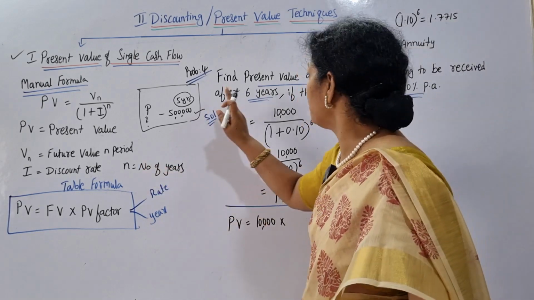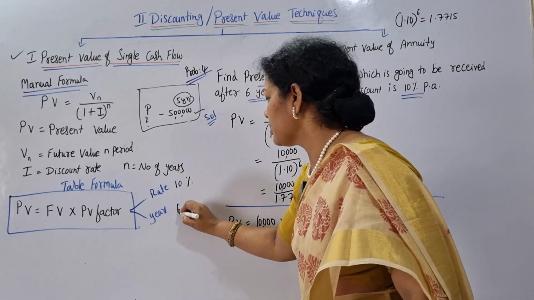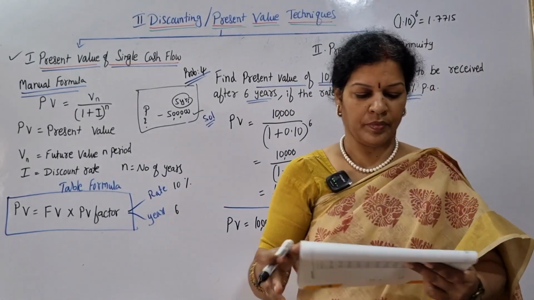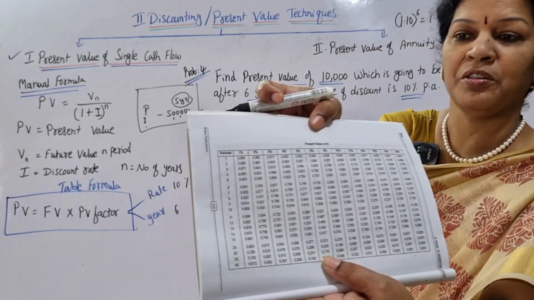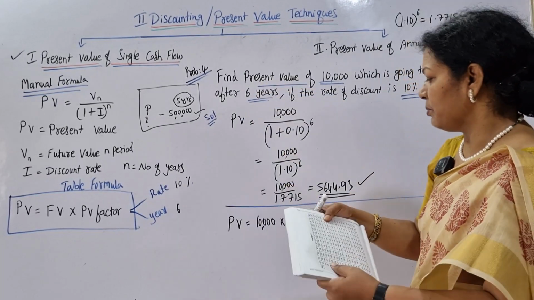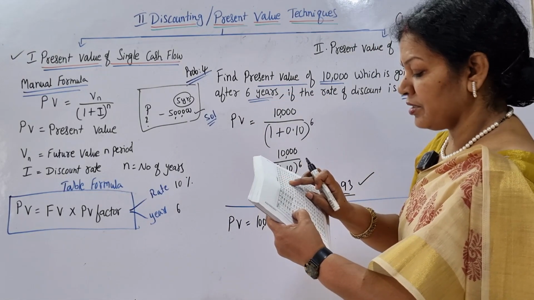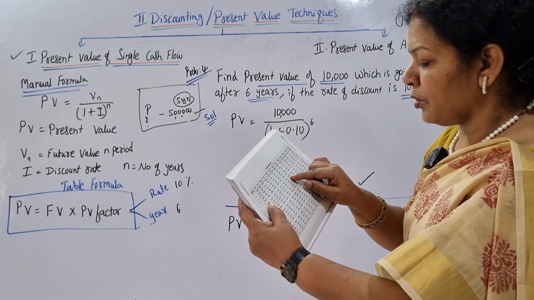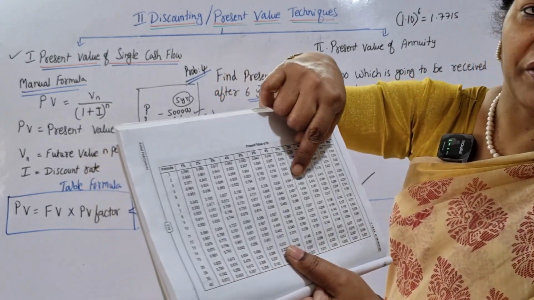Discount rate is how much? 10%. How many years? 6 years. We'll see. I have taken the present value table. Can you see? Yes, the present value table. Rate is 10%, 6 years. It's coming to 0.564. Can you see? 0.564.